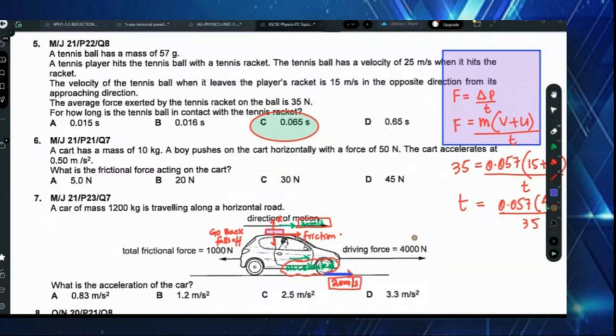Why? Yes, sir. I also think it's D. Okay. And where is Ariba? Is Ariba thinking the answer is D? Because like mass into acceleration, and then you subtract it from the total force. Is Ariba in the class? Let me check. Yeah, I'm here.